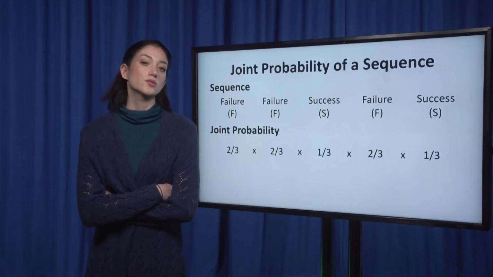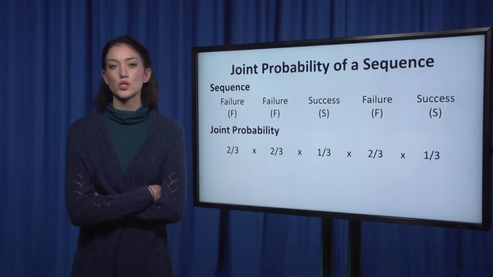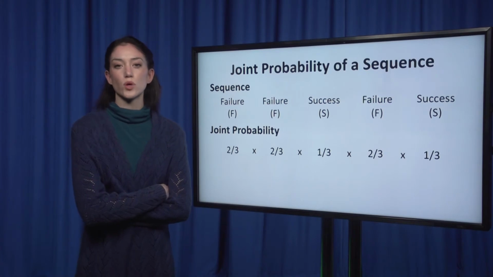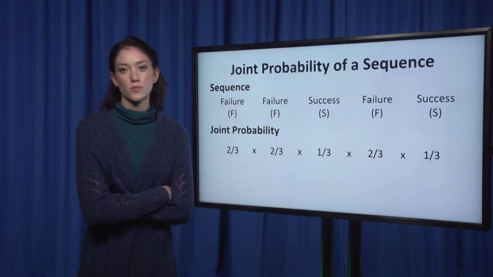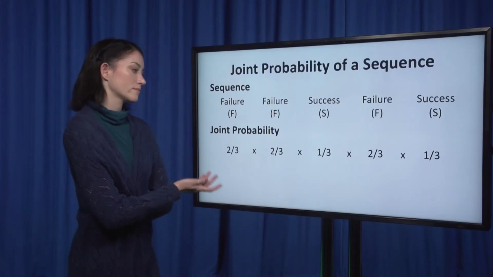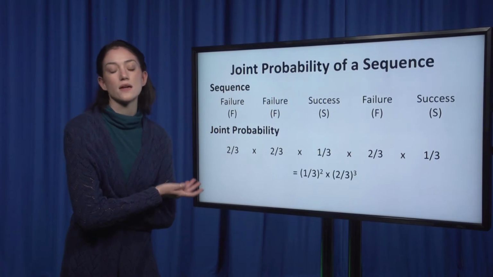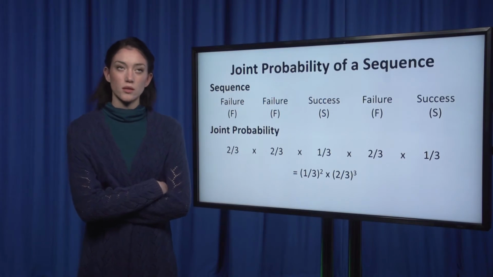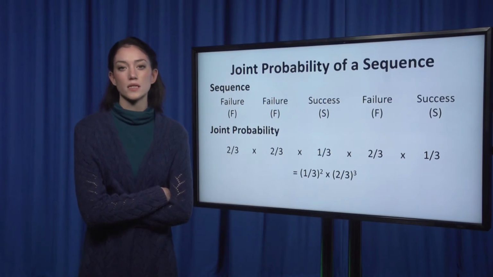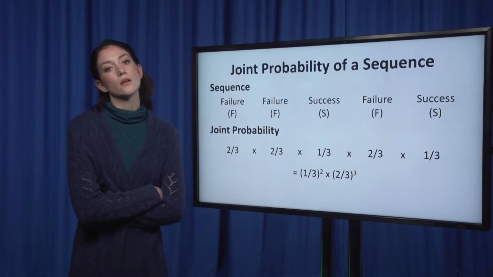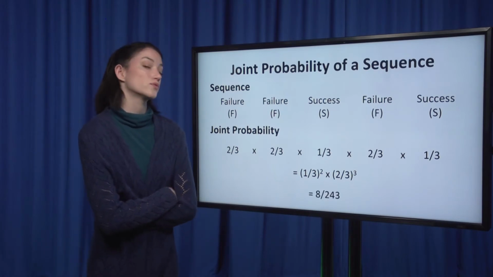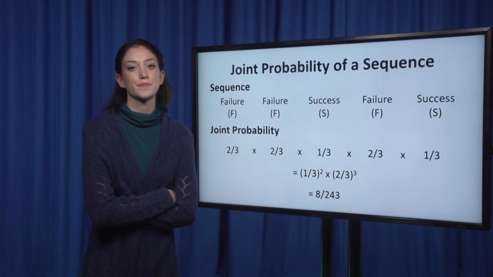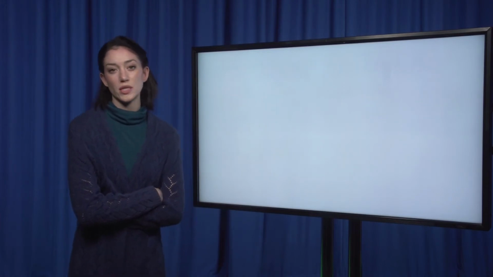So we get 2/3 for failure, times 2/3 for failure, times 1/3 for success, times 2/3 for failure, times 1/3 for success. We can also write this as 1/3 squared times 2/3 cubed. So the joint probability of this particular sequence occurring is 8 out of 243.